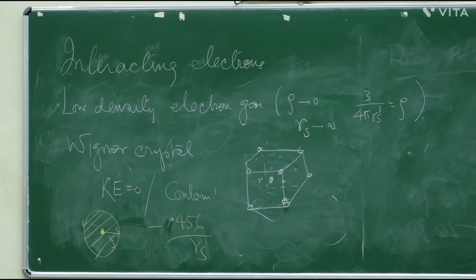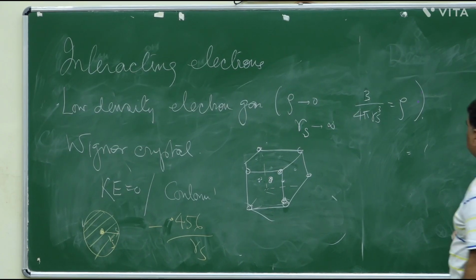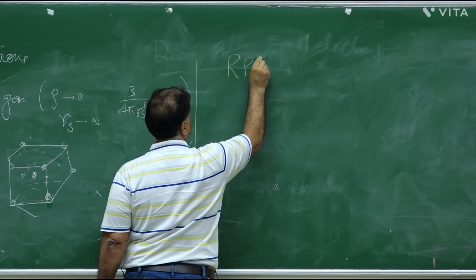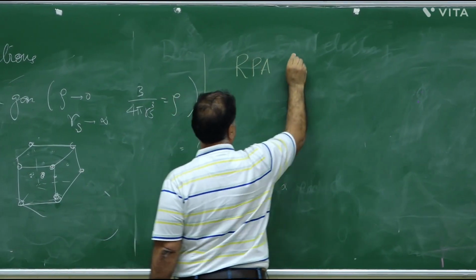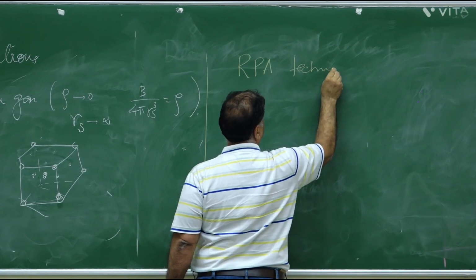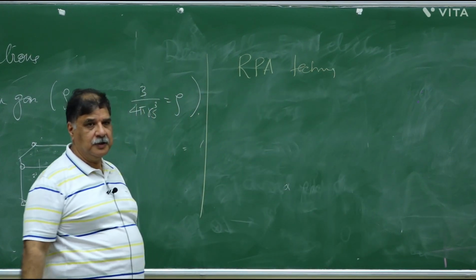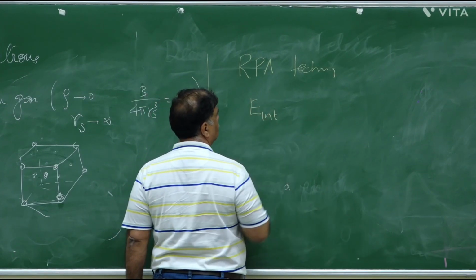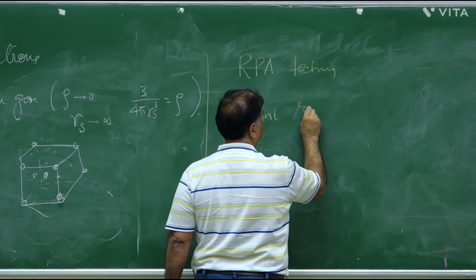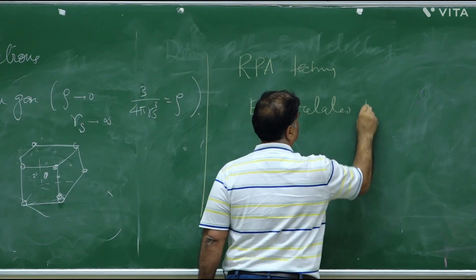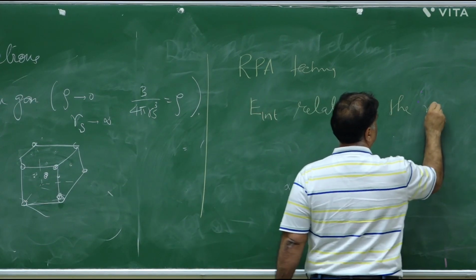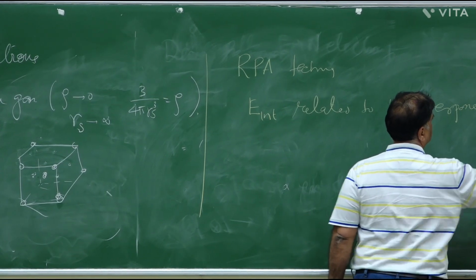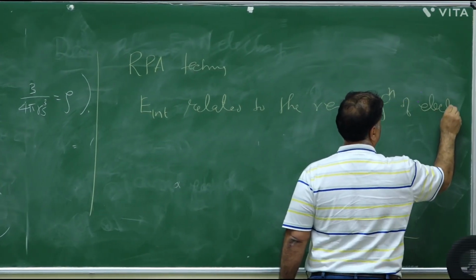And then there are other techniques. One is known as the RPA technique. What you do in this is that the interaction energy is related to the response function of the electron gas.